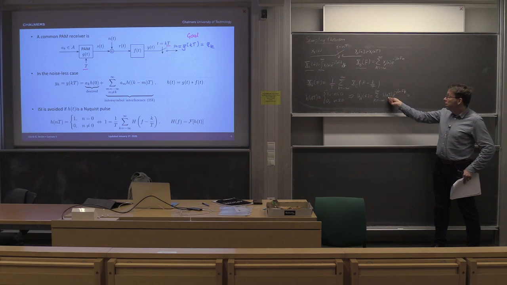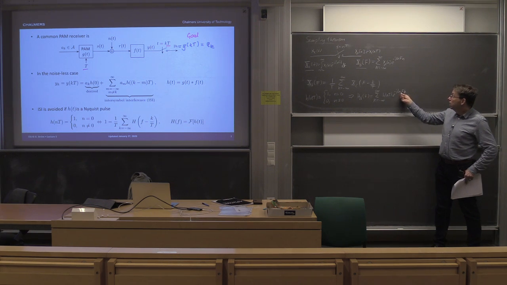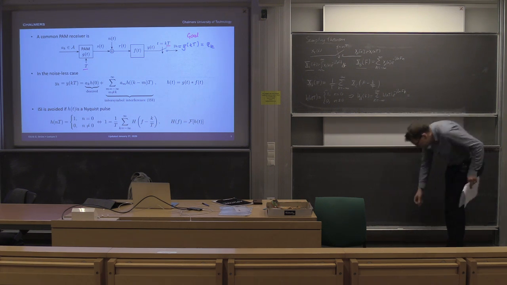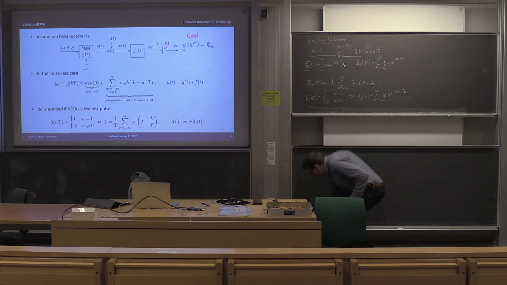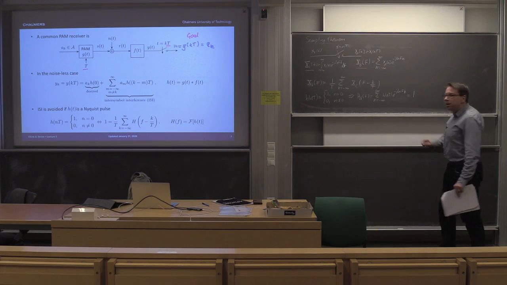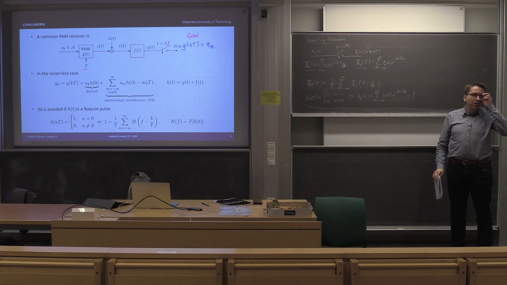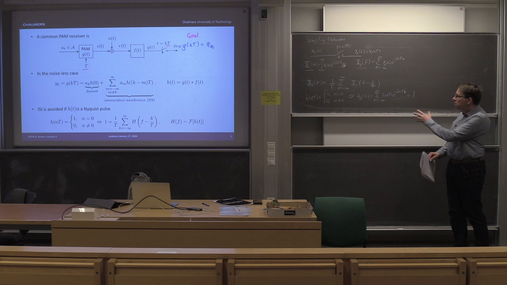Put in n equals 0 here, we get 1. Put in n equals 0 here, we get e raised to 0, which is 1. Exactly. This is probably the easiest Fourier transform you ever did, right? Okay, so this is equal to 1.